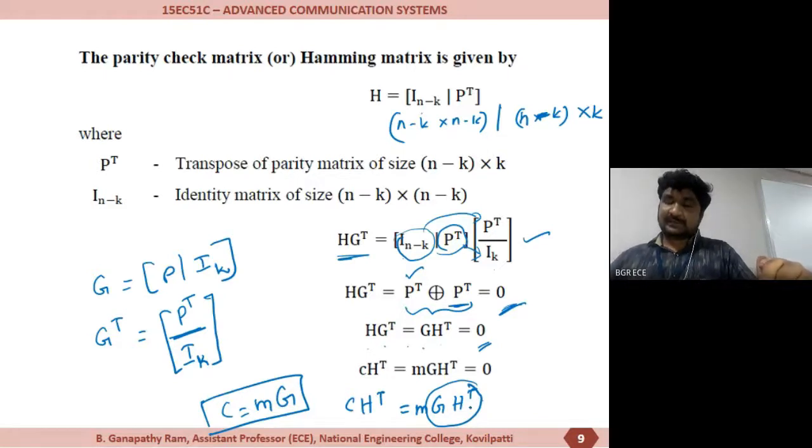So the product of the 0 matrix along with the message vector will provide the value 0, which is effectively used by the receiver to identify whether an error has happened or not.